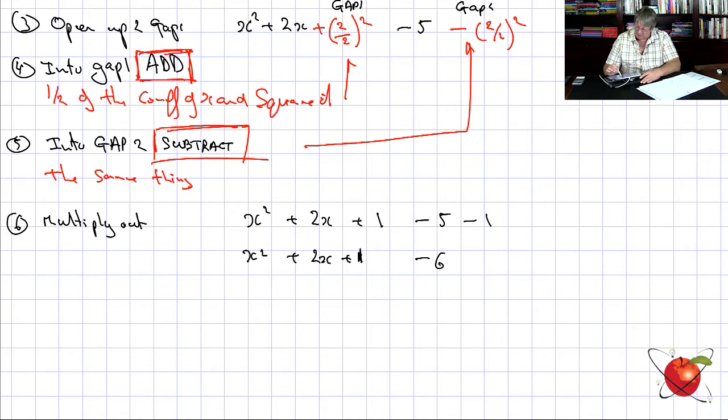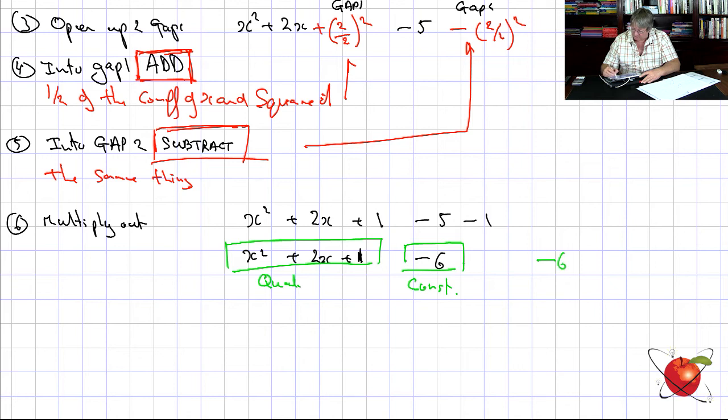What we've got here is two sections. We've got a quadratic where we've completed the square and a constant. Please note, look at that. I've got minus 6 and my quadratic over here. If I actually was to simplify this, what would we get? Let's do it.